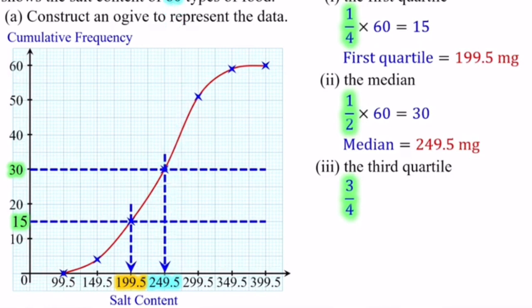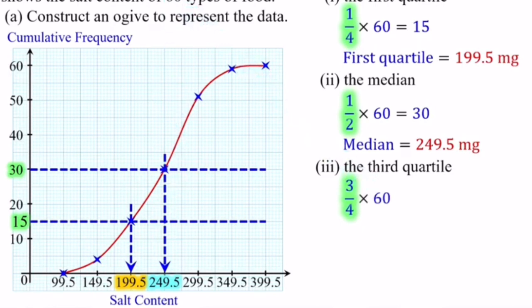So 45 is the cumulative frequency that we are going to read from the vertical axis, cumulative frequency. We will find out the 45.